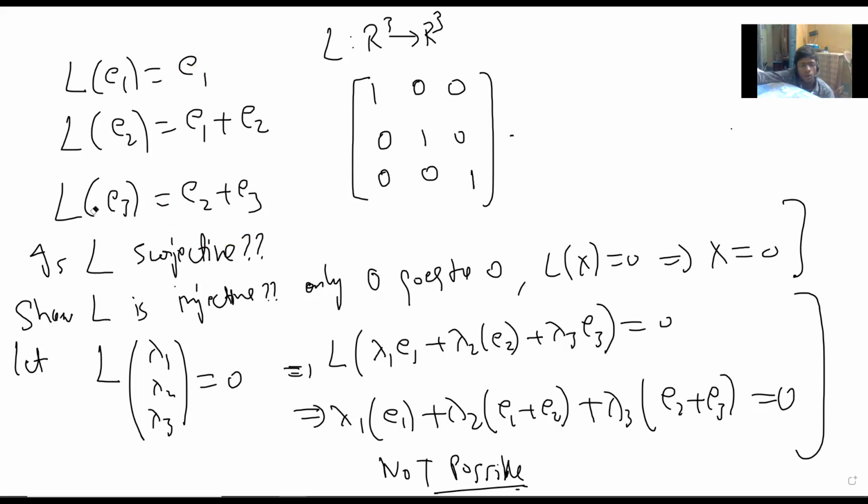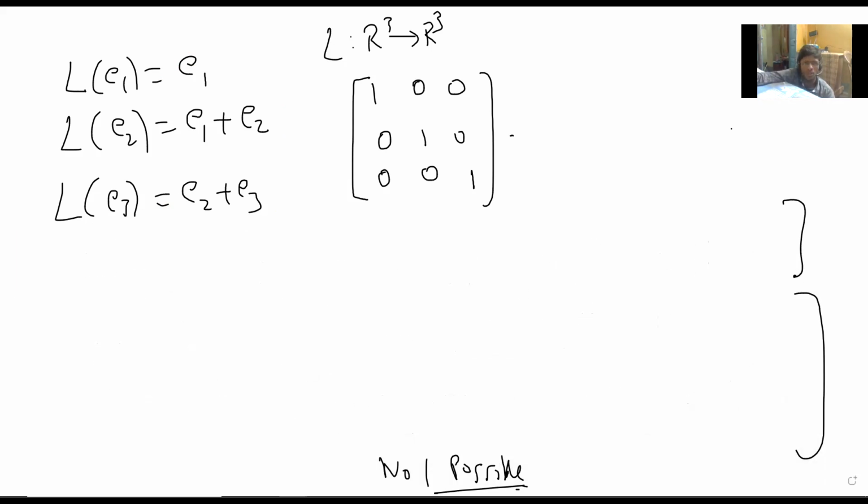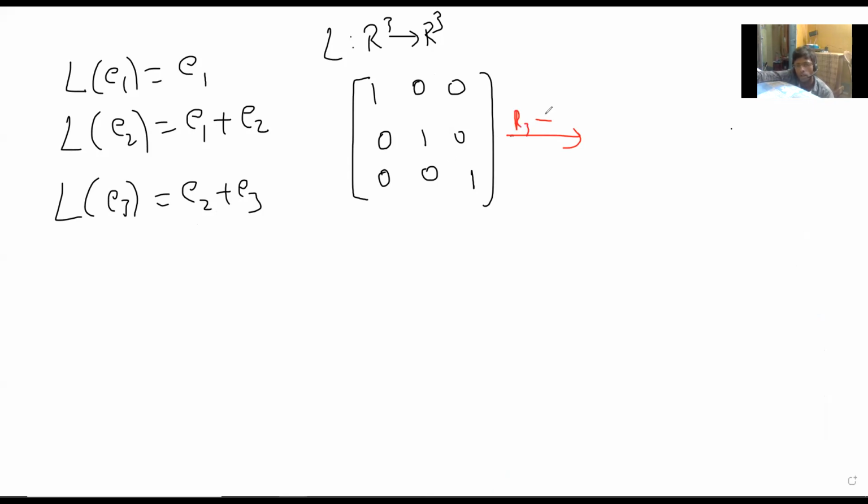Maybe one slightly different way, the idea I'm getting from what Chandan is saying about row transformations. You start with this matrix, and you do basically what is being done here. E3 is getting replaced by E2 plus E3, so R3 is getting replaced by R2 plus R3.